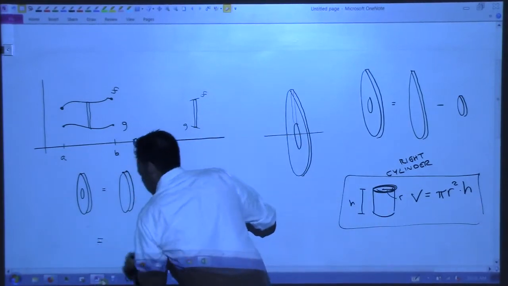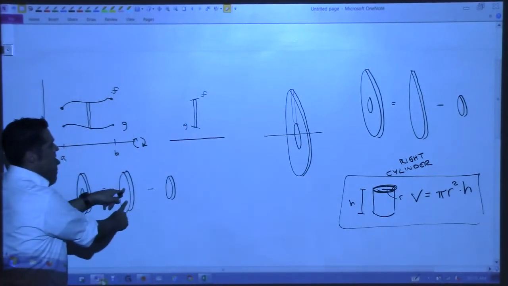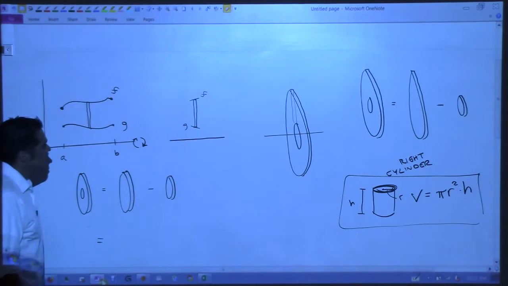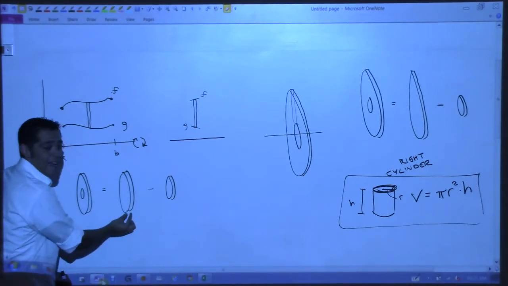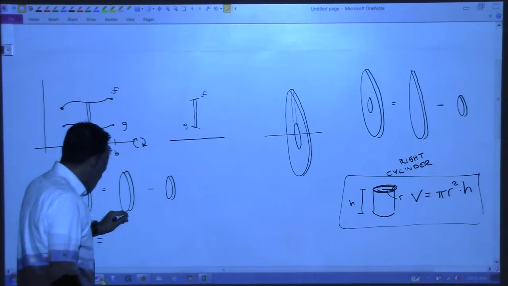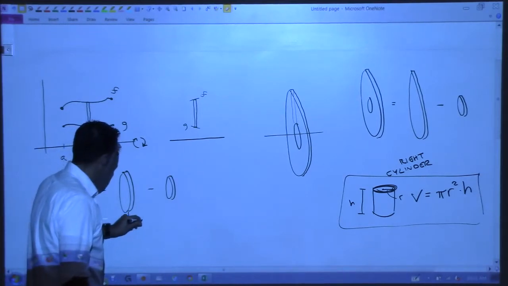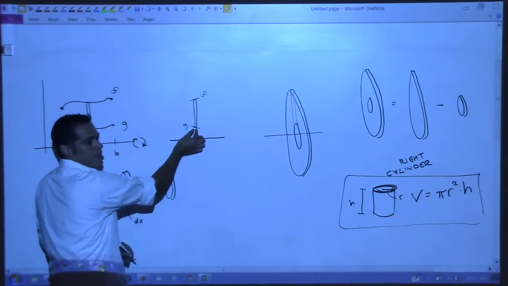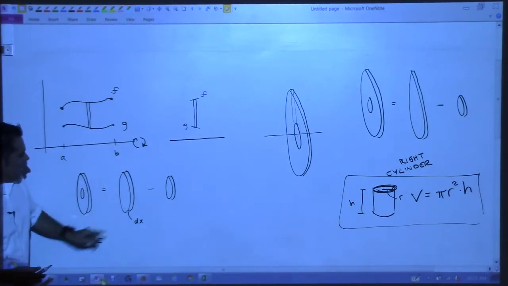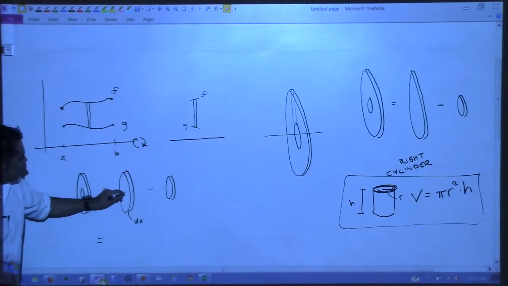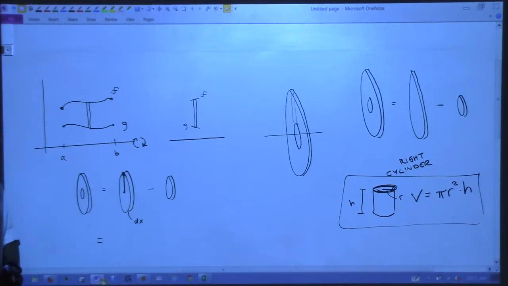This is equal to, okay, what's the volume of this one? Well, how thick is it? dx, right? Isn't it dx? The width of this is dx. Why do we know it's dx? Well, that was the width of the rectangle, right? That was the width of the sliver. So we know that this is dx. Now, do you know the radius of this? Do you know the distance from here to here?